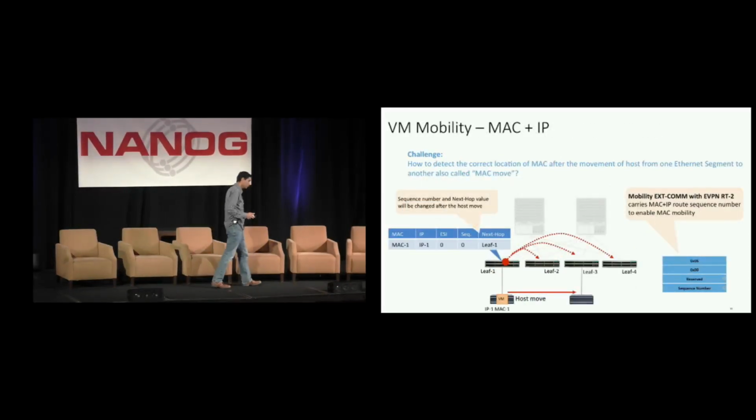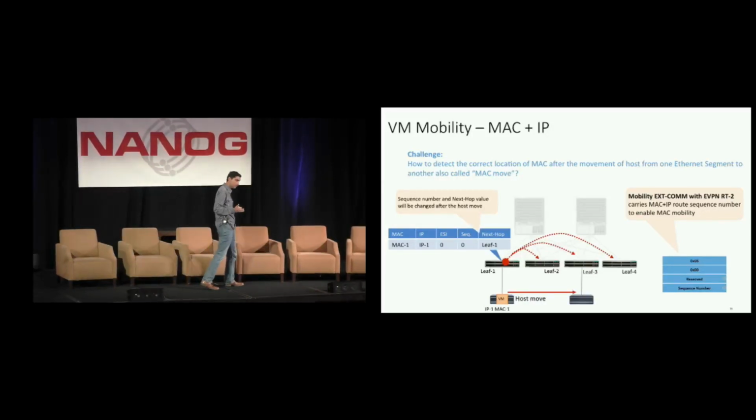So now coming to host mobility. One of the key goals of this architecture is to be able to place and move your workloads across your EVPN instance or the VPN overlay in the data center.